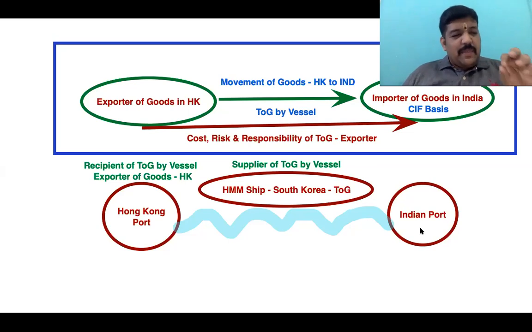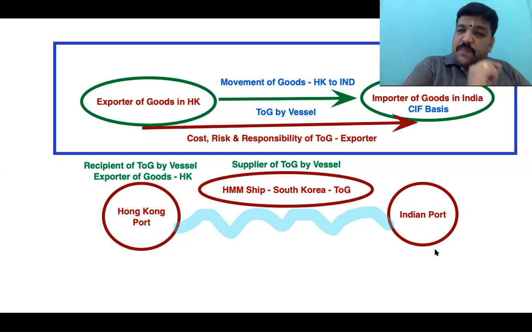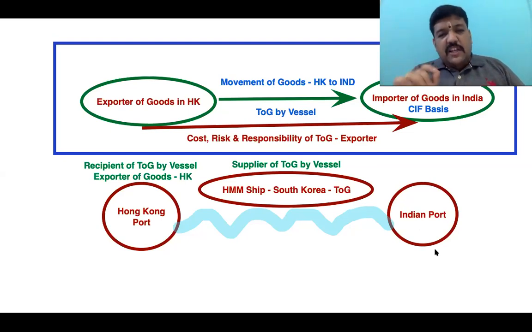Coming back here, the Hong Kong exporter now splits his consideration. For the machinery, 47. Actually, he will not incur $3,000, he incurs only $2,500. The $2,500 for transportation of goods by vessel will be paid by the exporter of goods who is in Hong Kong to the supplier of the transportation service who is in South Korea.